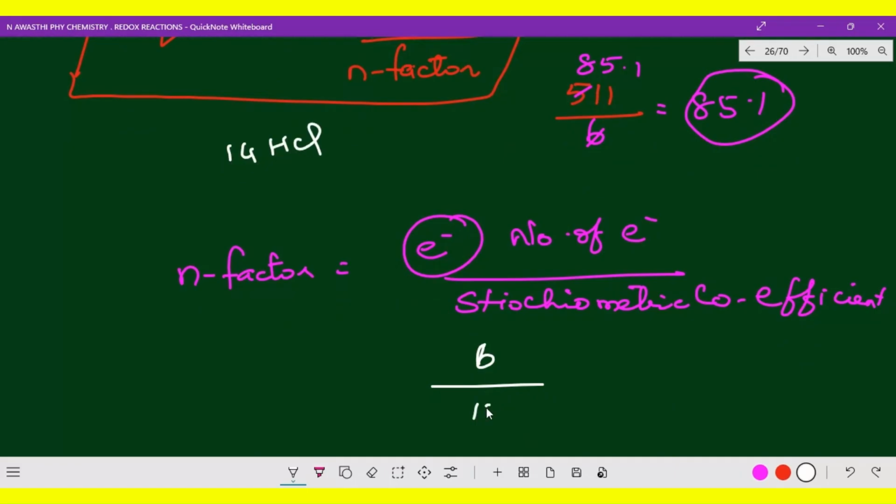So 6 by 14, which is 3 by 7, since 2 3s are 6 and 7 2s are 14.